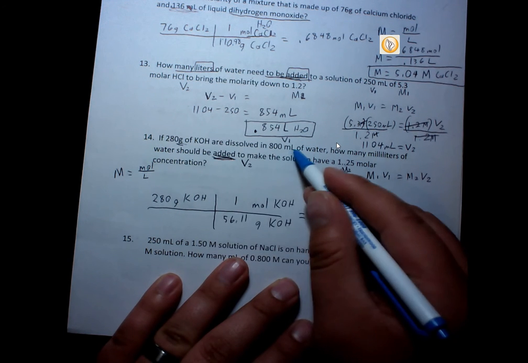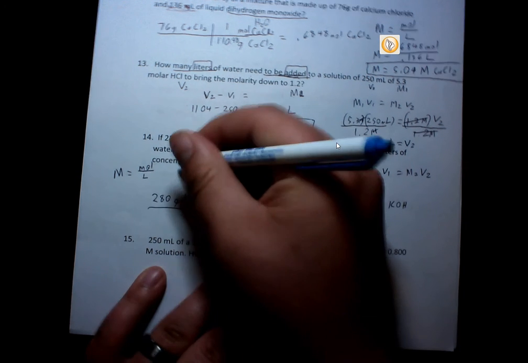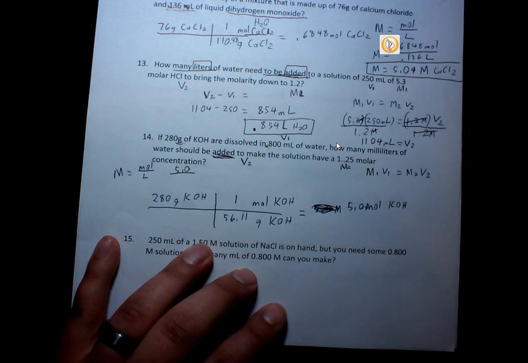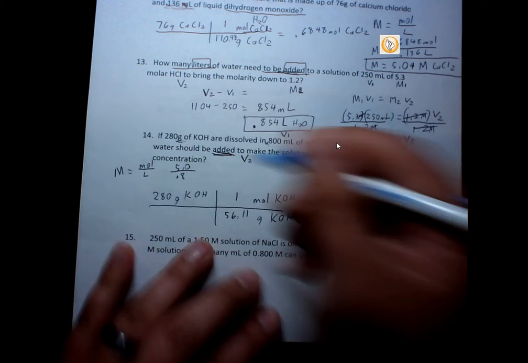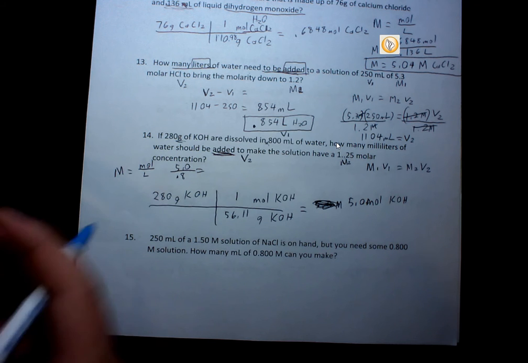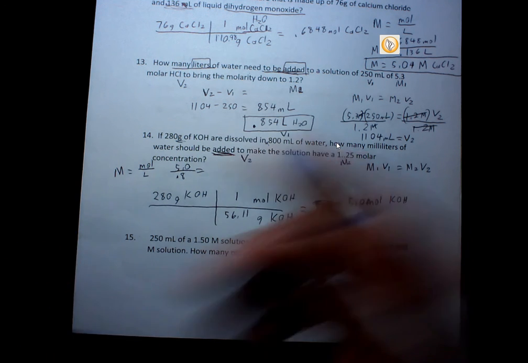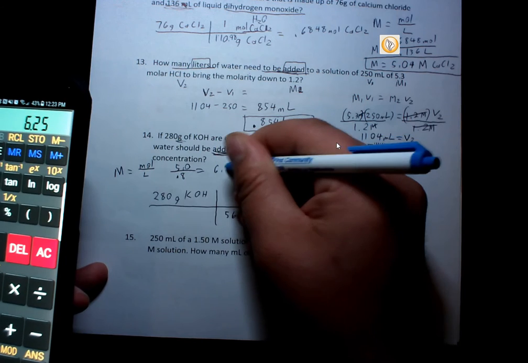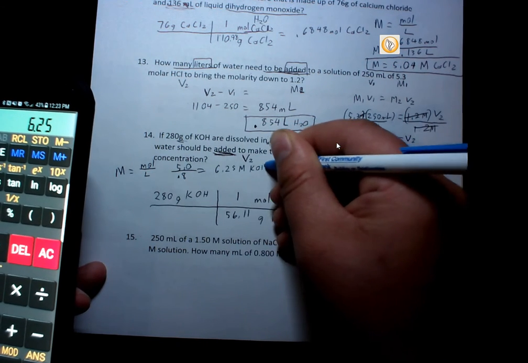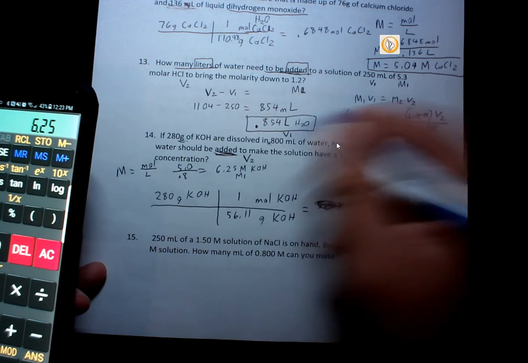We don't want milliliters, we want liters, so put the decimal there. 5.0 divided by 0.8 gives us a concentration of 6.25 molar KOH. And now we finally have our M1.